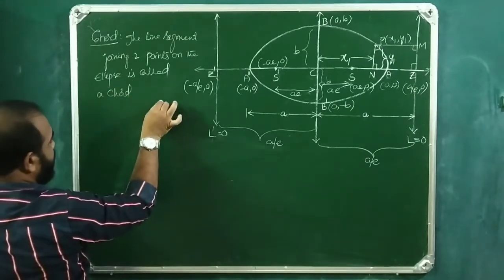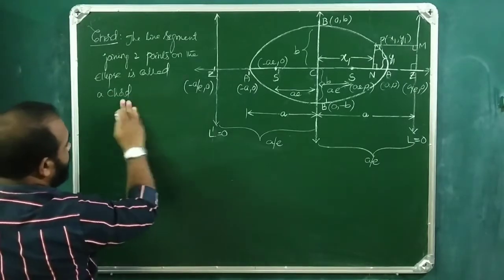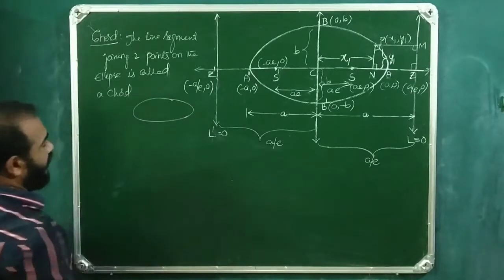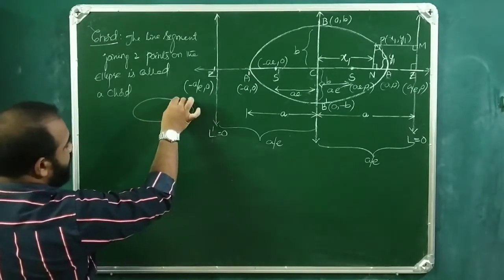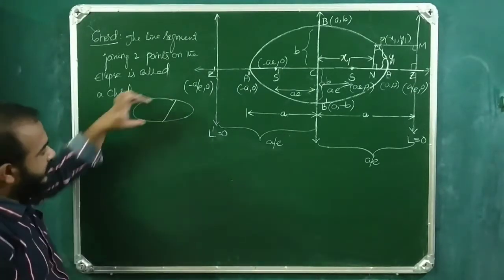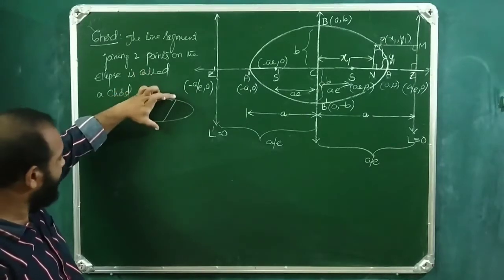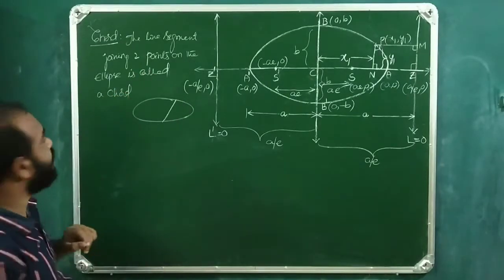That means this is our ellipse, and this is the line segment joining two points of the ellipse. Therefore, this is called the chord.